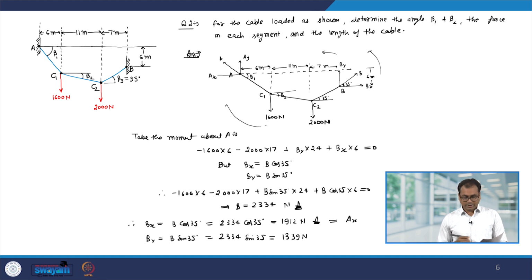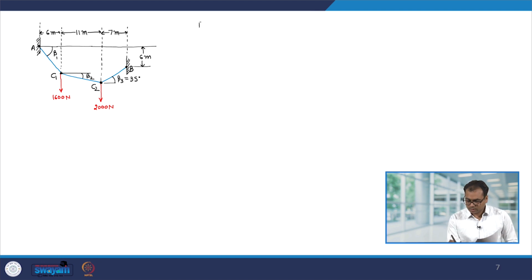Now, to find out what is beta 1 and beta 2, let us look at the free body diagram of let us say C2 and C1. Okay. So, first I am going to consider the free body diagram of point C2, to find out what is beta 2.